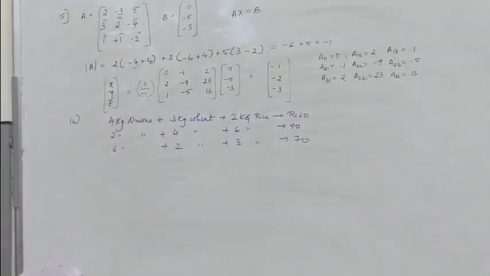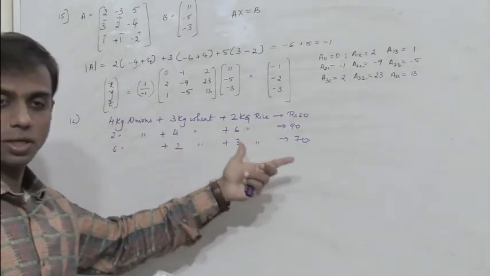We need to find the cost of onion, wheat and rice per kg.